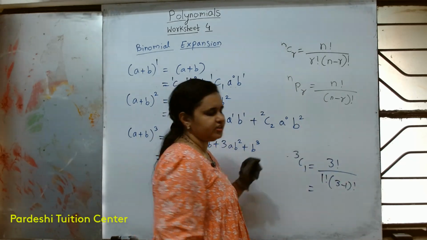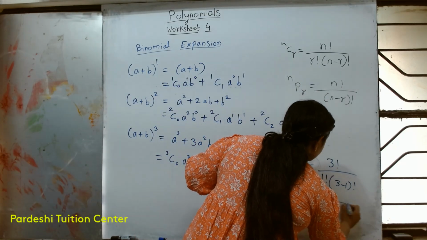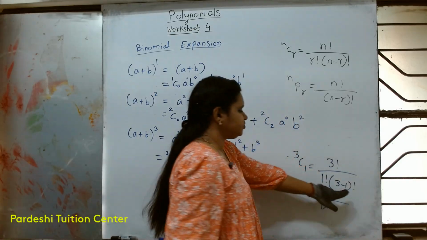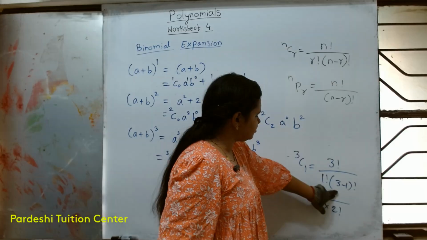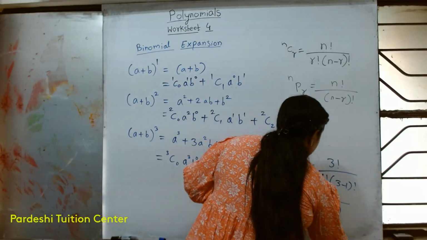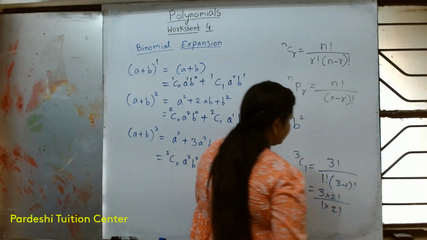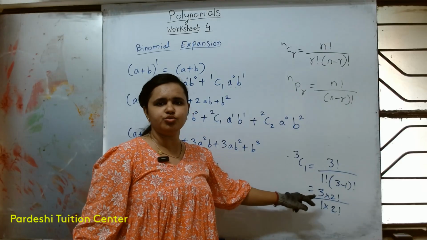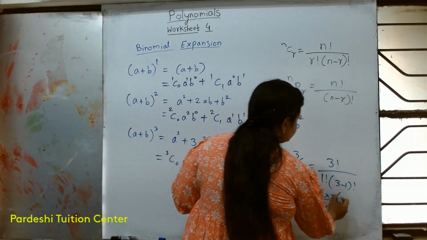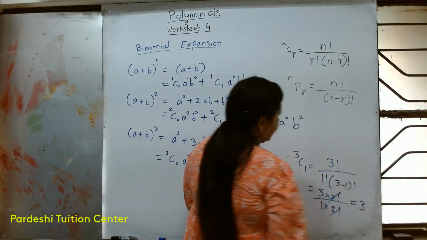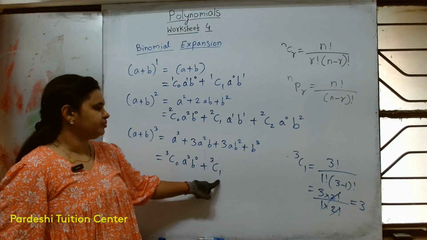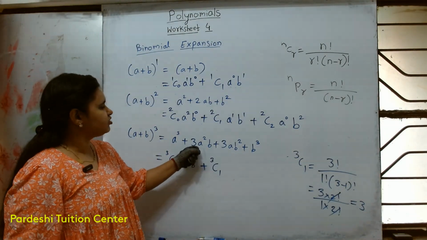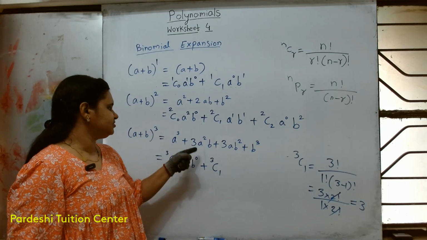Again 3 factorial upon 1 factorial is 1, and 3 minus 1 is 2, so it will be 2 factorial. Again I can write 3 factorial as 3 into 2 factorial. So 2 factorial will get cancelled and our answer will be 3. So the answer for 3c1 is coming as 3 and here also the coefficient is 3. So here it is matched.